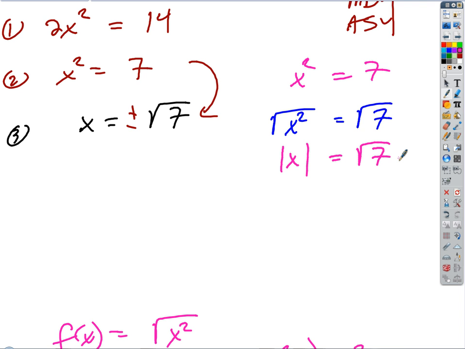Now, if we go back to our earlier review, solving absolute value equations, what did we always do when we had something like this, right? If we had the absolute value of ax plus b equals c, how did we rewrite that?